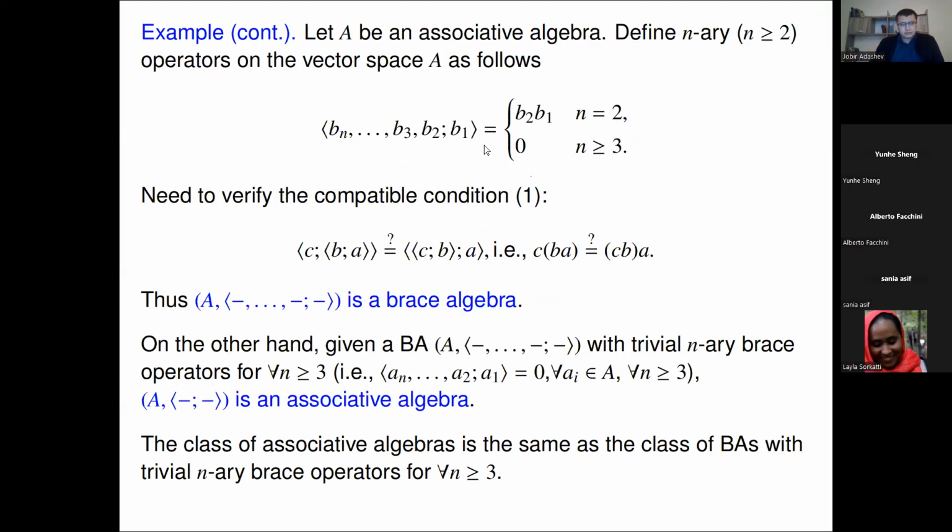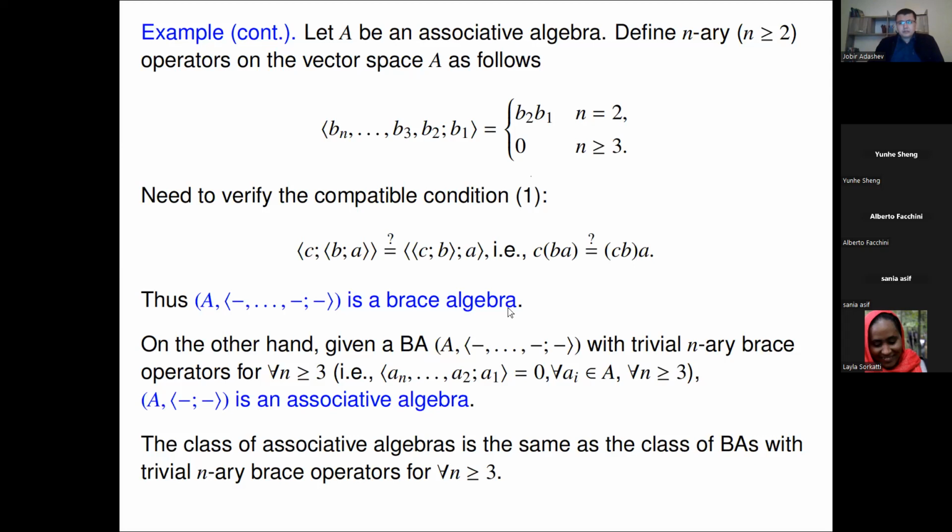We continue this example. We need to verify this compatibility condition. That means we need to verify C times BA equals CB times A. This is true because we are in an associative algebra. This is just the associativity. As a result, we can say that this A with this family of brackets is a brace algebra.